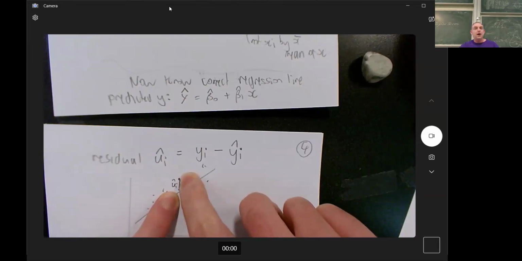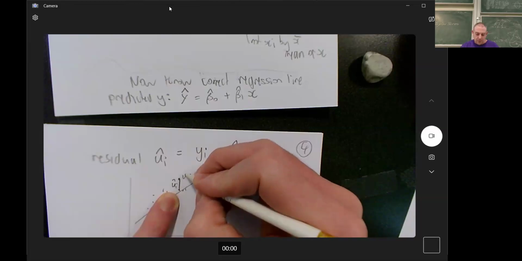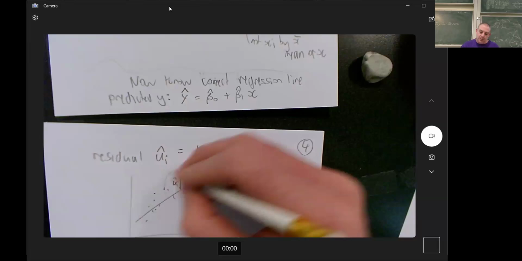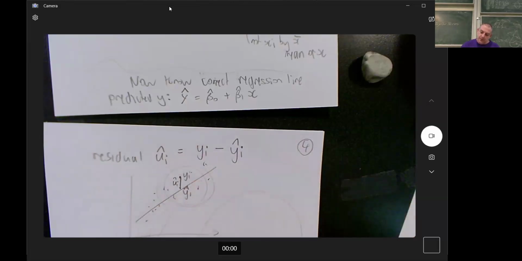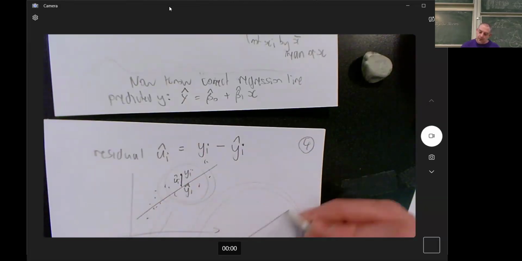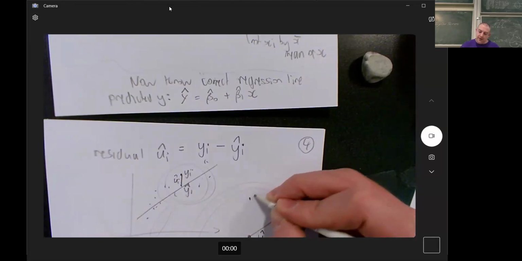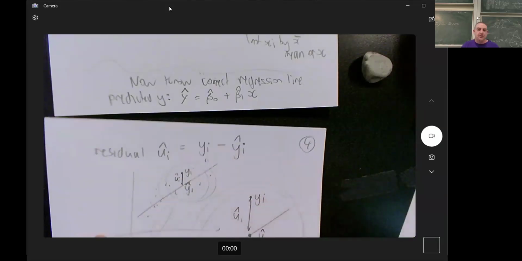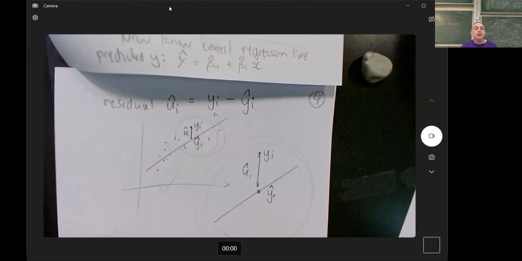This is yi here, and this is yi hat there. So I'm just going to zoom in on that. There's yi hat, which is on the line, and there's the real value of y, and this distance here is the ui hat. That's what your lecturer has called it.